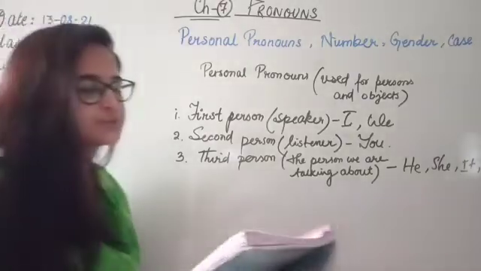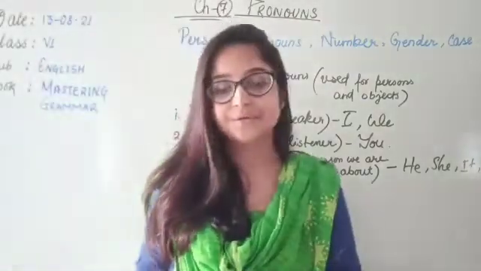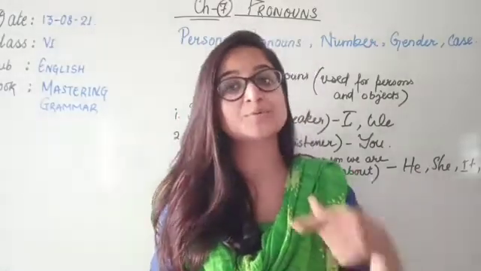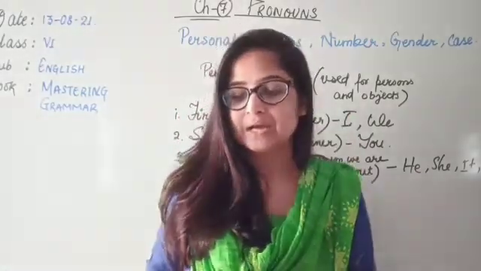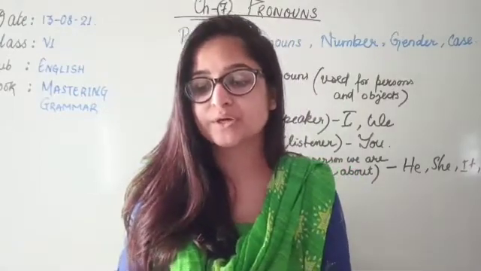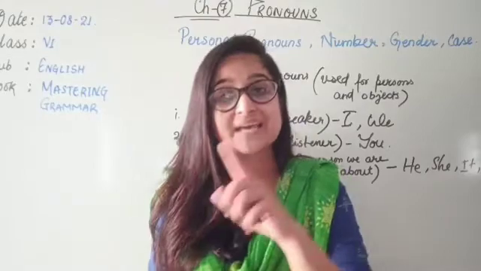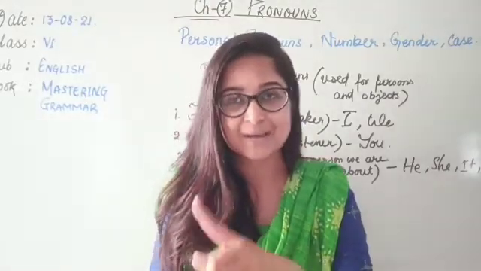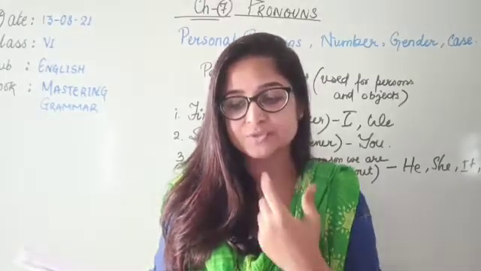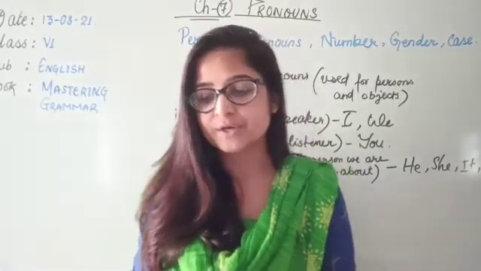Now I told you, see here, I is the first person. I am talking to you about Rohan, and showed you the red car that was his. His is the third person, I am talking about him. I is the first person, it stands for the speaker.